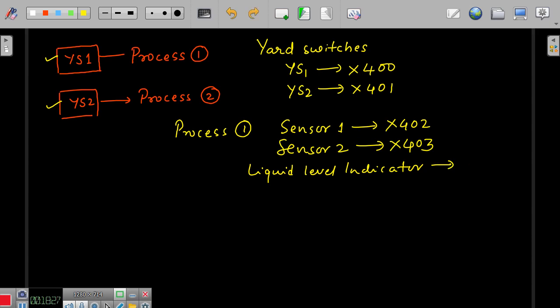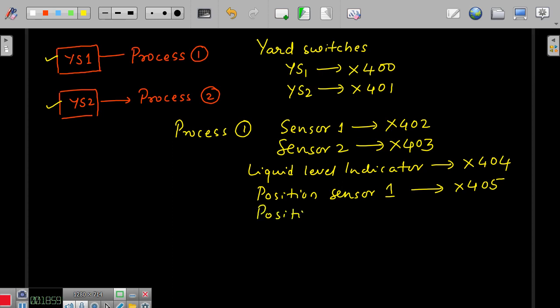So let us take this as X404. So far we have come across 5 switches. And after this, now the gate has to be opened when a position sensor, right? Let us say that the position sensor 1 is again an input device. Let me call this X405. Then the position sensor 2 is X406.